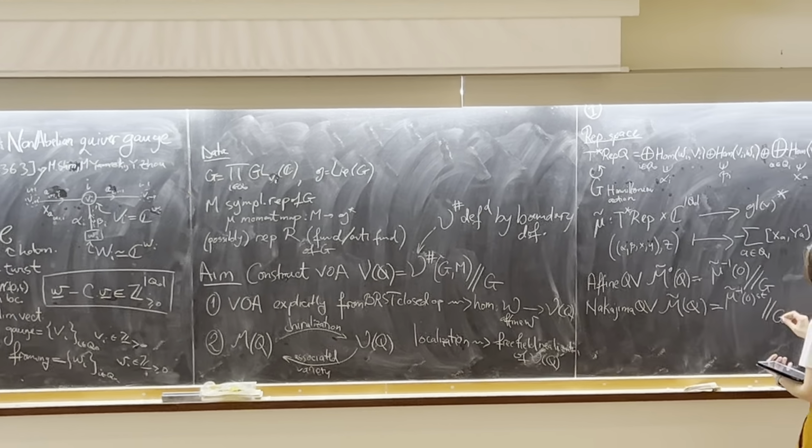There will be the beta gamma system associated to arrows going from the framing node to the gauge node and back. Potentially the free fermions if they exist. And the Heisenberg fields, times the identity.